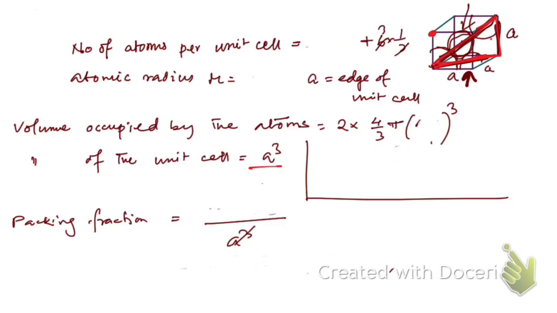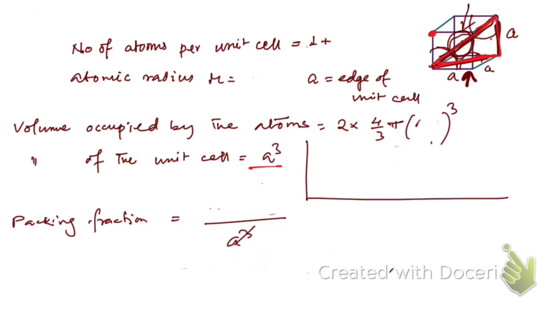So here, in case of face center, what we will get is a total of four atoms. Combining the parts of atoms at corners, there is one atom, and each face shares half of an atom.